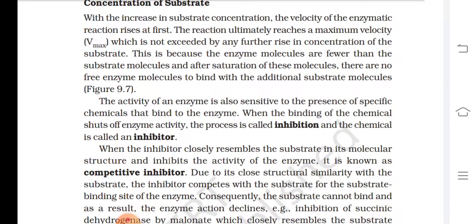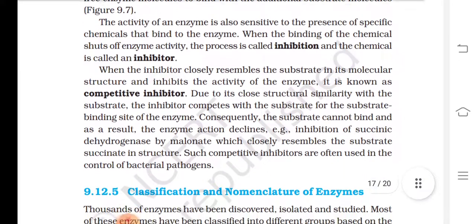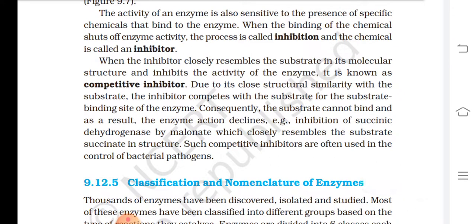The activity of an enzyme is also sensitive to the presence of specific chemicals that bind to the enzyme. When the binding of a chemical shuts off enzyme activity, the process is called inhibition and the chemical is called an inhibitor. When the inhibitor closely resembles the substrate in its molecular structure and inhibits the activity of the enzyme, it is known as a competitive inhibitor.